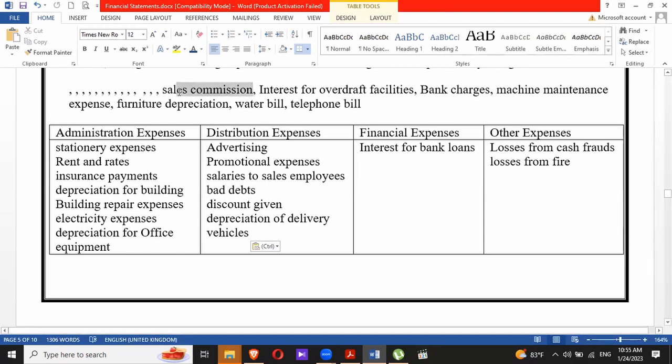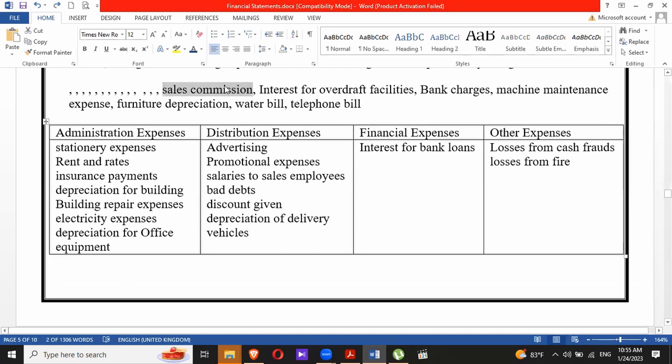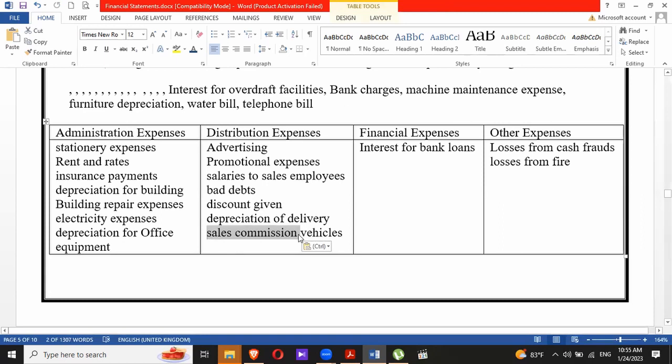And next, sales commission expenses. Sales commission directly comes under distribution expenses.